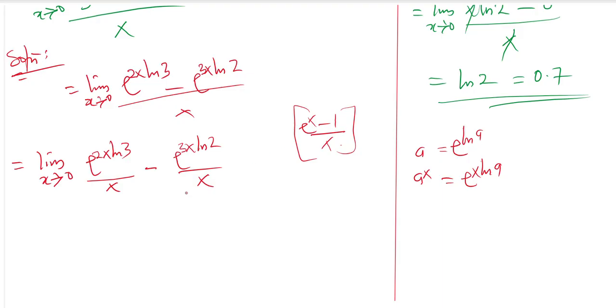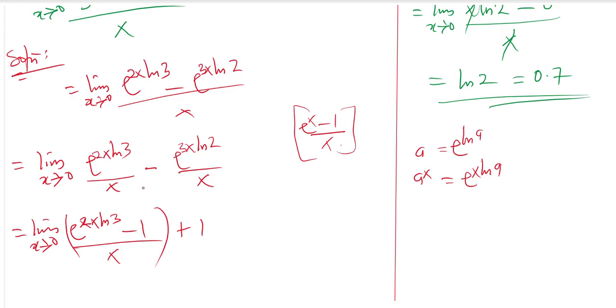We can introduce minus 1 and plus 1, because if we have the limit as x approaches 0 of e to the power of 2x ln 3 minus 1 all over x, this is the first part of the function, plus 1, because plus 1 minus 1 will leave the function the way it is.